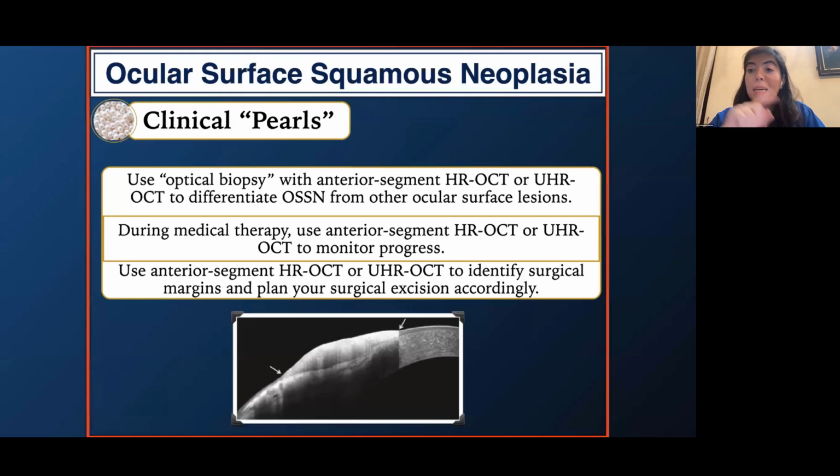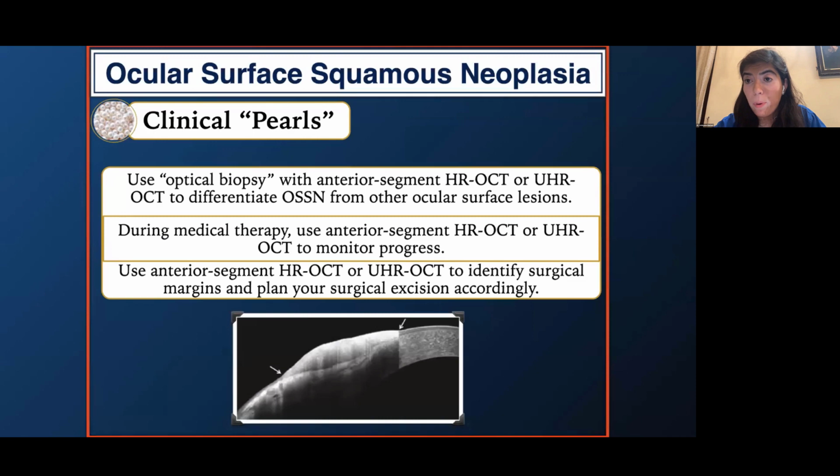Now, this is very important. I keep repeating high resolution or ultra high resolution, and that's very important because in some parts of the world, like where I am in India, we don't necessarily have access to high resolution or ultra high resolution in every center. And that really skews whether you can use your anterior segment modality to accurately identify and diagnose or monitor lesions.